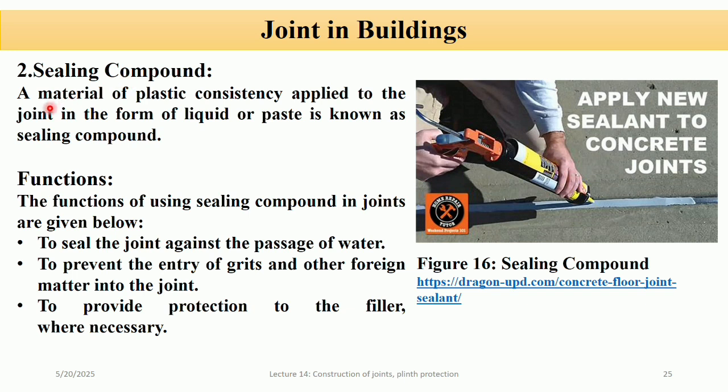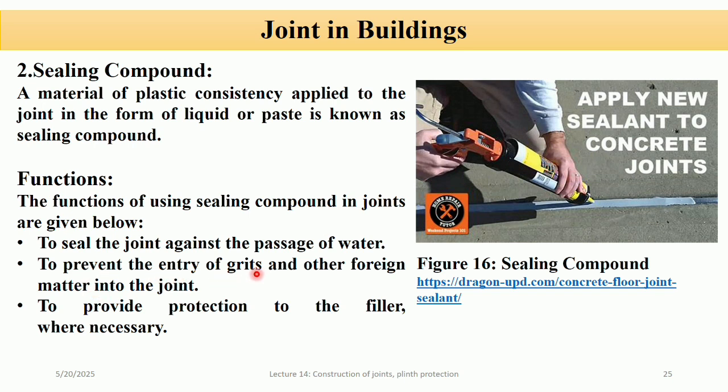Sealing compound. A material of plastic consistency applied to the joints in the form of liquid or paste is known as sealing compound. You can see in the figure, this is a joint which is filled by a liquid material. The functions of using sealing compound in joints are given below. To seal the joints against the passage of water, to avoid damage from moisture, corrosion of reinforcement, and weakening of the concrete.